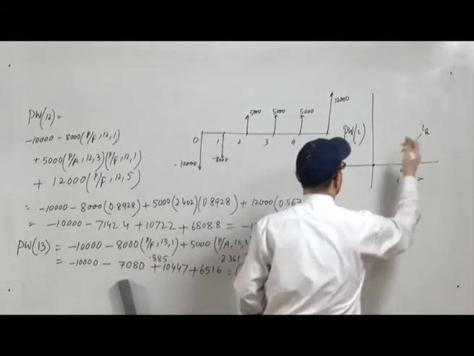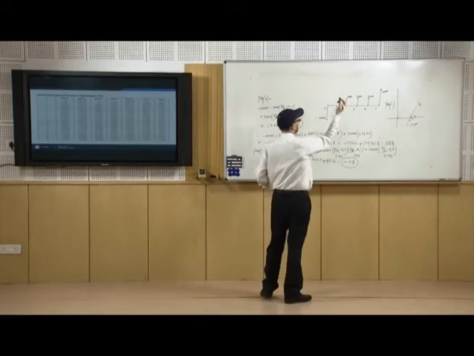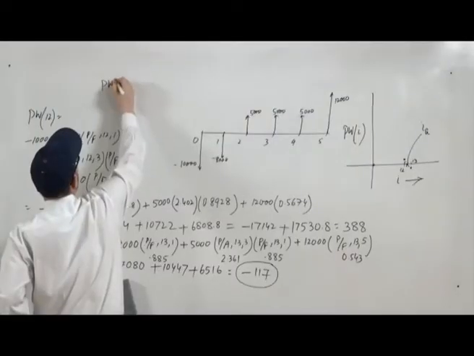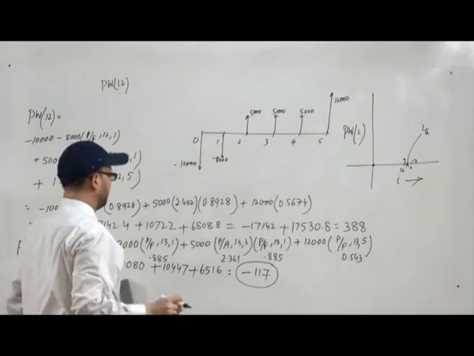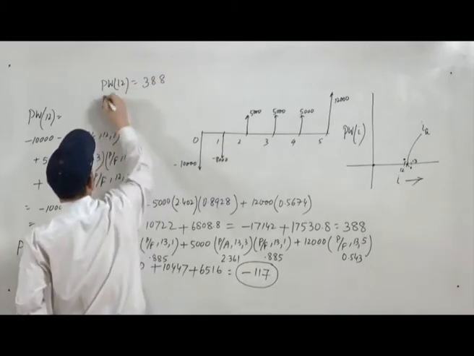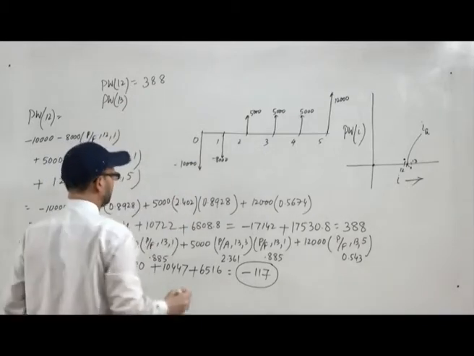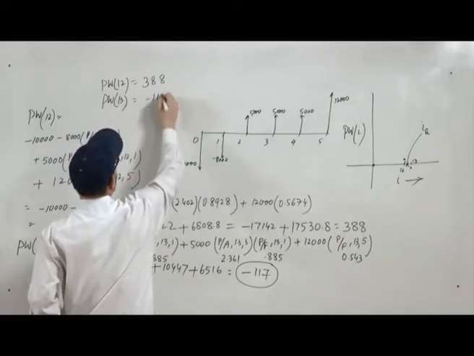Now, this point can be found by using the interpolation method. What we see is PW12 is coming as 388 and PW13 is coming as minus 117.